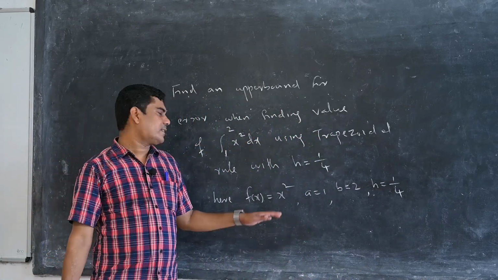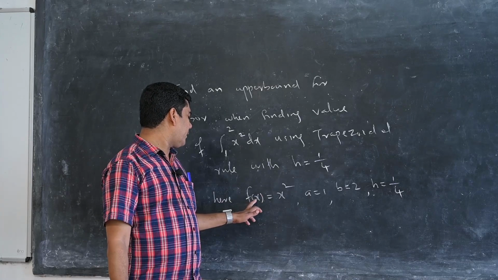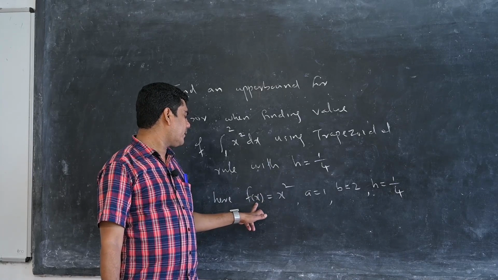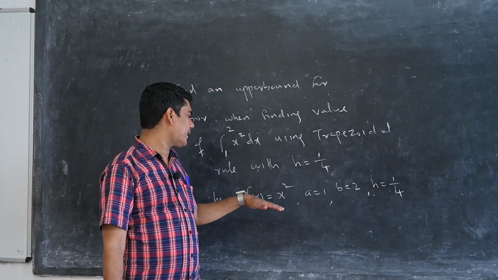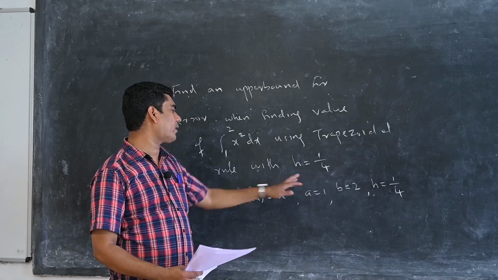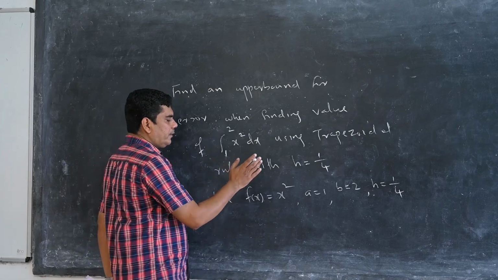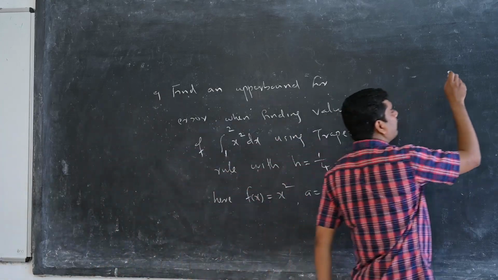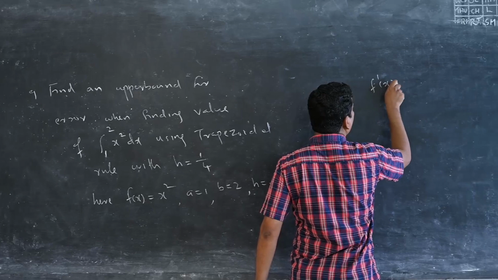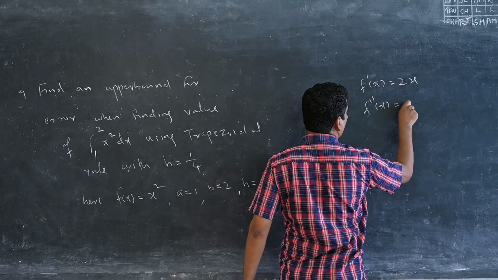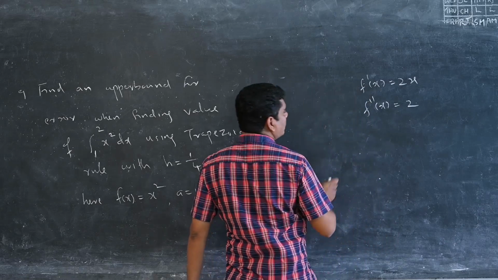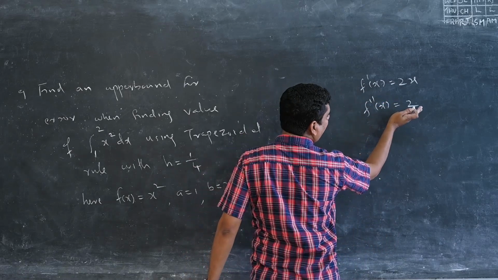Now f of x is a polynomial, so its first derivative is 2x, second derivative is 2. f derivative x is equal to 2x, f second derivative x is equal to 2. So this is continuous on the interval 1 2.